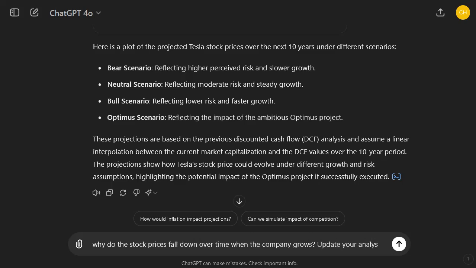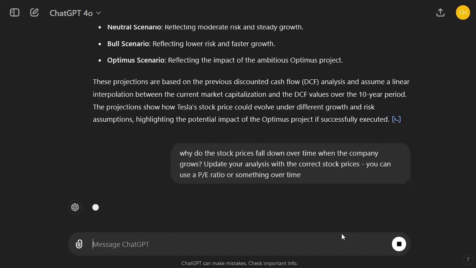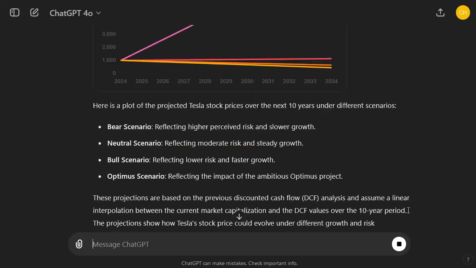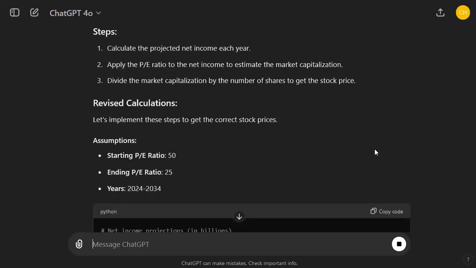Update your analysis with the correct stock prices. You can use a PE ratio or something over time. Let's see if it fixes the plot. Doesn't seem right, but you can already see that the Optimus scenario just dwarfs all other scenarios.